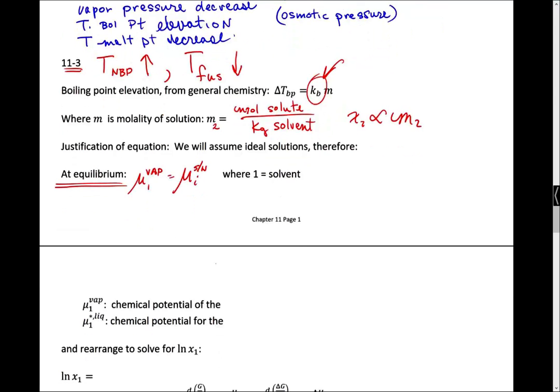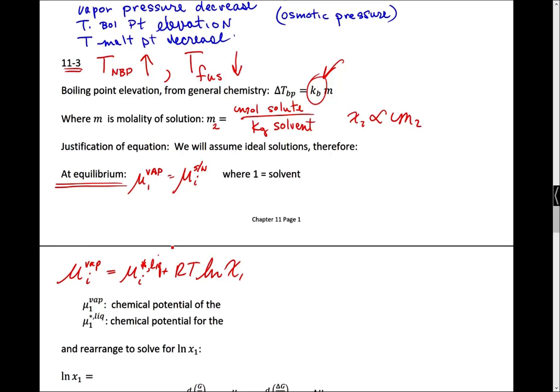Then we're going to bring back our chemical potential expression that says the chemical potential of the vapor phase for the solvent is given by the chemical potential of that component when it's pure plus RT ln times the mole fraction of that component. And then just to make sure that we know what we're talking about, let me just add one other thing in here.